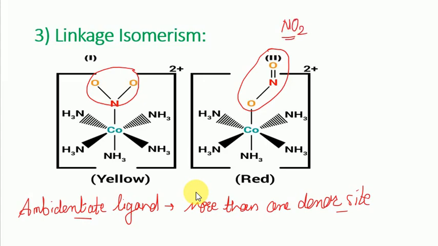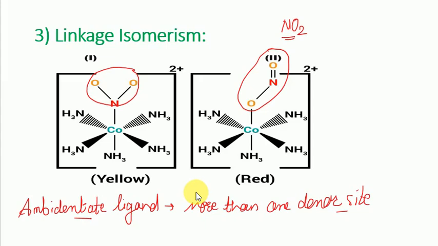Such isomers are called linkage isomers. Here nitro behaves as an ambidentate ligand, hence in one case the linkage is through the nitrogen, while in the other it is through the oxygen atom. There is a difference in the linkage with the same central metal ion, that is cobalt, and the oxidation state of cobalt is 3 here, resulting in the formation of two different isomers of the formula.